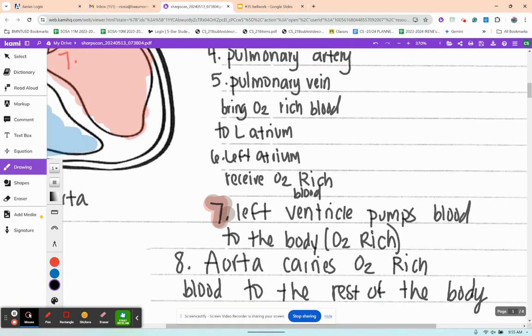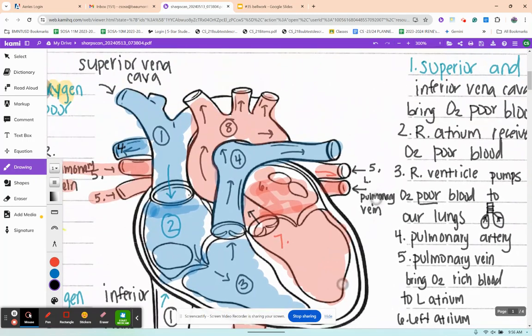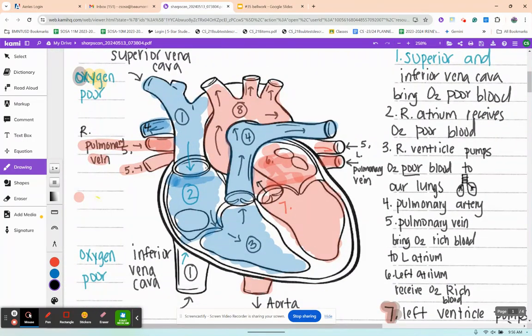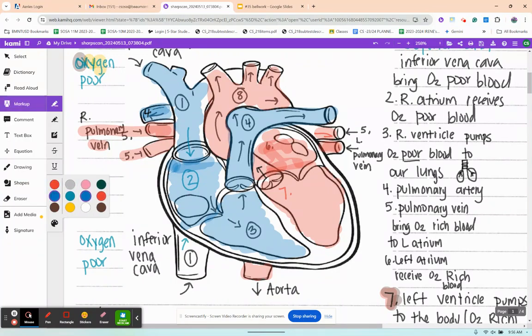Raise your hand if you need more time for this part. Okay. Make sure I'm not missing anything here. Right there. Yeah, where the blue is.